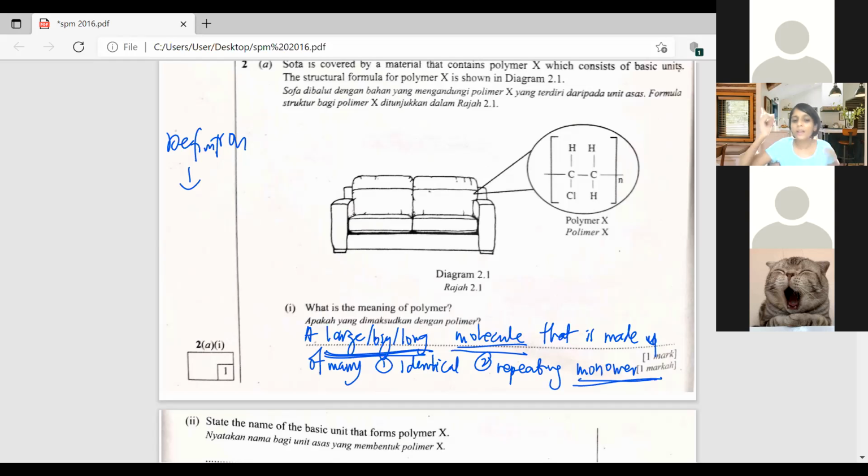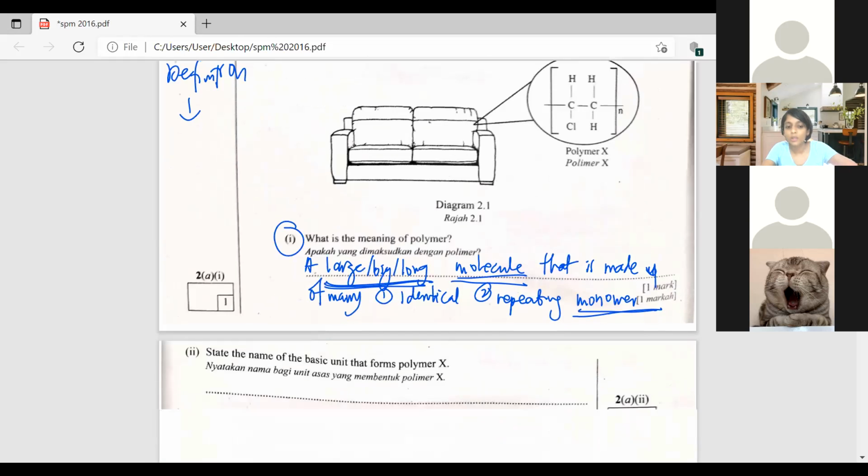The three things I underline must be in this sentence. If you don't have the things I underline, then you get 0 marks. So far, so good. You understand what teacher is saying? Yes, teacher. Good. So that is your 1 mark here.